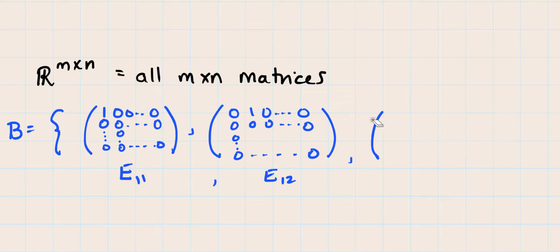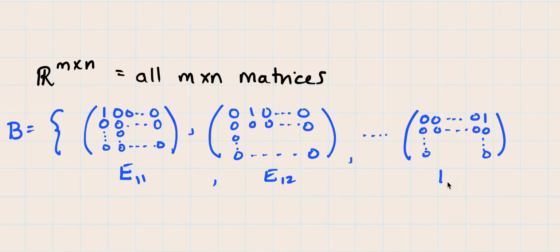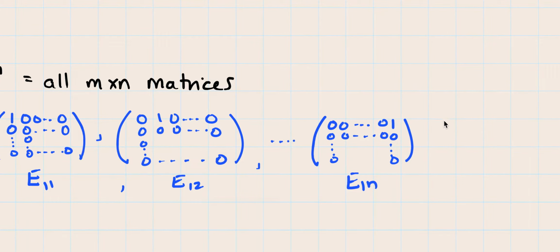And you just continue this. So we can put a bunch. In fact, let me write it like this. Dot, dot, dot. 0, 0, all the way to 1. This will be E1N. And then the next one would be with a 1 down here.